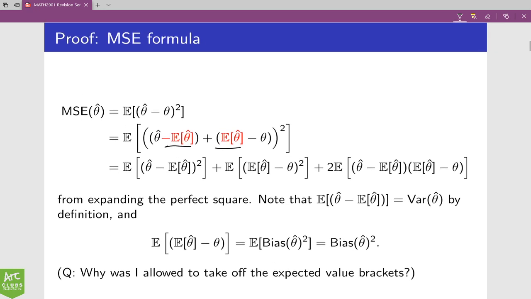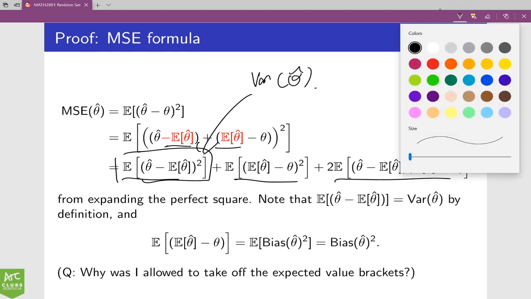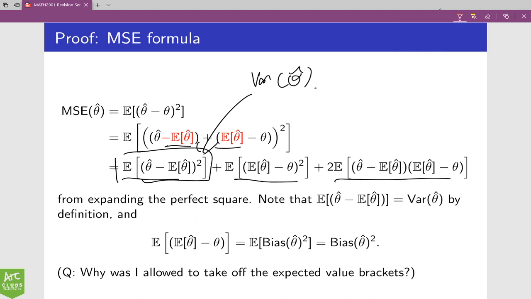And then we perfect square it, so you end up with 3 terms. If you look at the first one, this is just the variance of sigma hat. If you look closely at the second term, this thing here is a constant, and the expected value of a random variable is also a constant. Both constant.